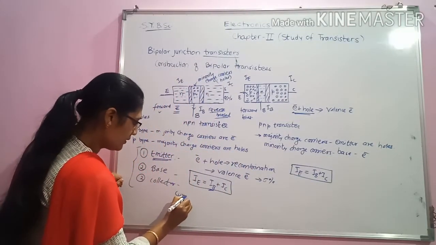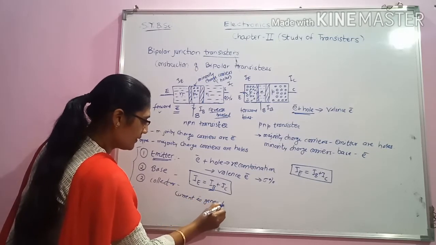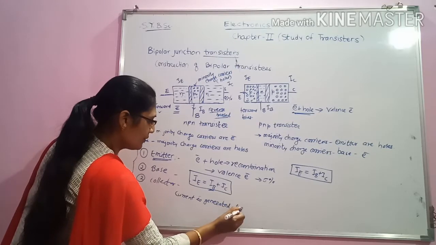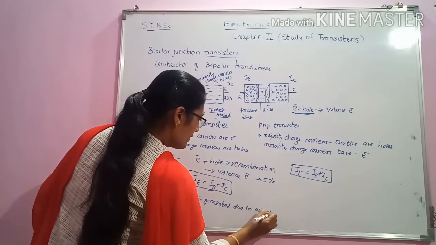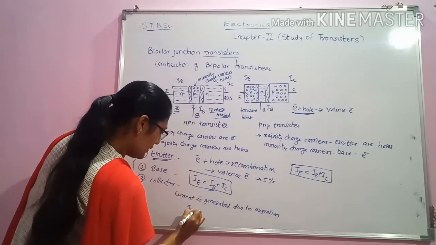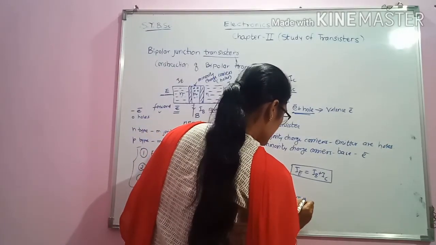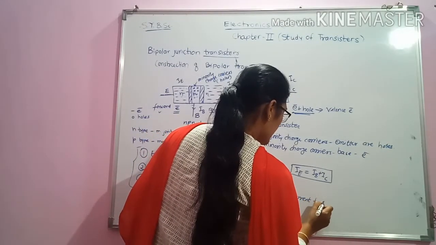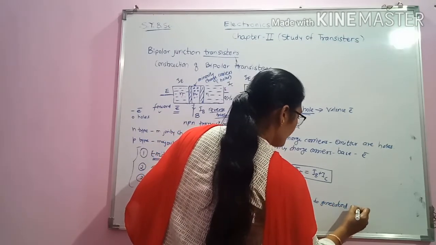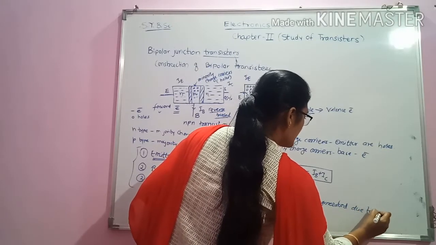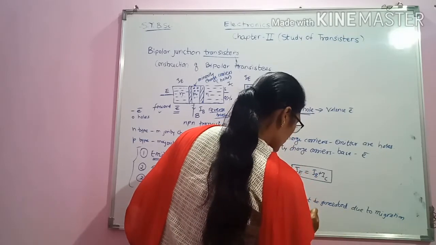Here, current is generated due to migration of electrons, and here current is generated due to migration of holes.